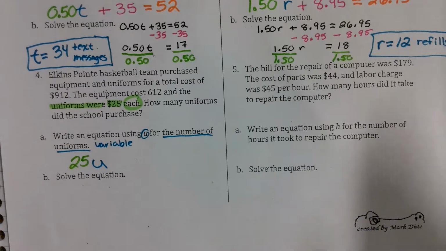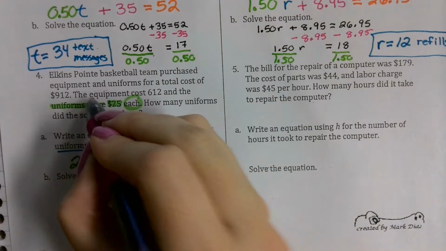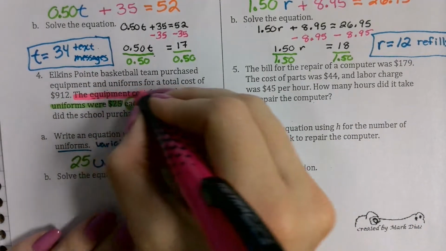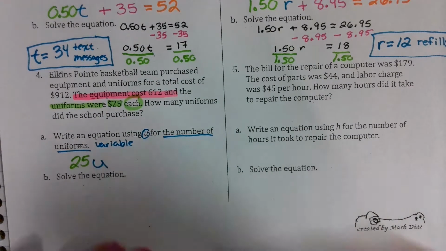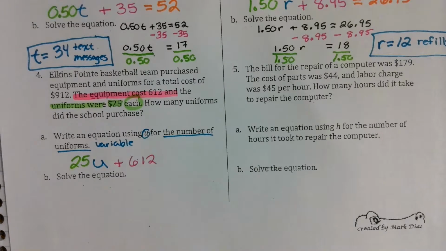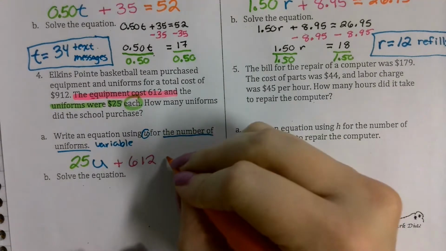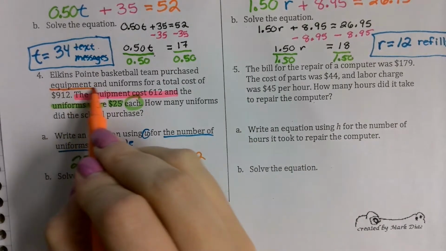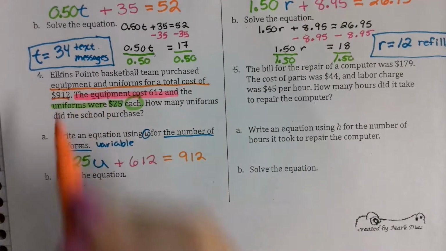You pay for equipment and you're done. You only have to pay it once. Buy the equipment one time. So we've paid 612. And what was our total cost for uniforms and equipment combined? 912. Equipment and uniforms, total cost, 912.